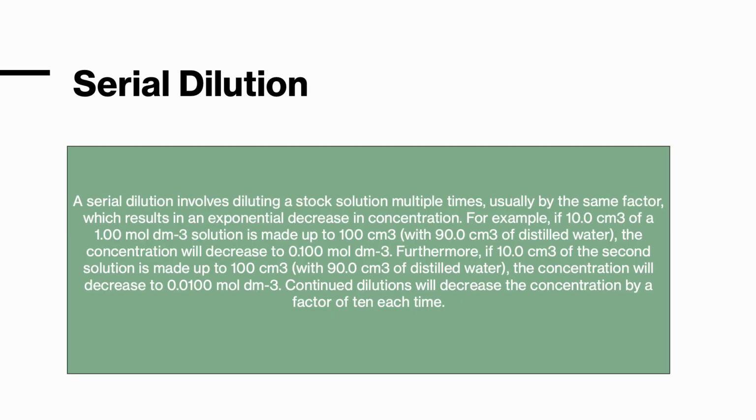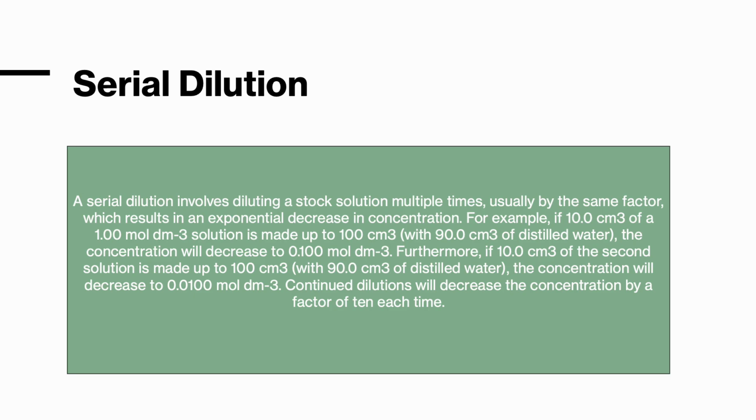So, serial dilution. A serial dilution involves diluting a stock solution multiple times, usually by the same factor, which results in an exponential decrease in concentration. For example, if 10 centimeters cubed of 1 mole per dm cubed solution is made up to 100 centimeters cubed with 90 centimeters cubed of distilled water, the concentration will decrease to 0.1 moles per dm cubed.